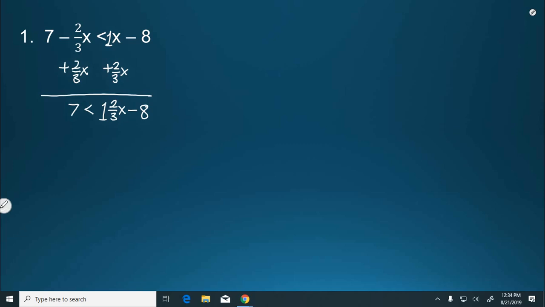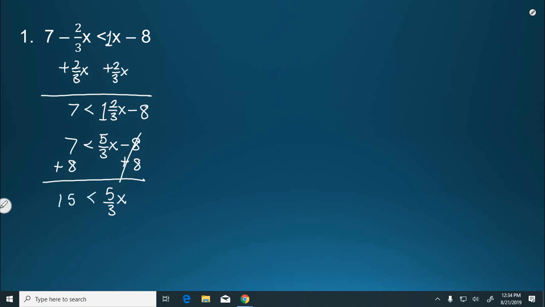So I want to rewrite that because I prefer to have improper fractions instead of mixed numbers. 7 is now less than 3 times 1 is 3 plus 2 is 5, so it's 5/3 x minus 8. Add 8 to both sides. So we have 5/3 x and 15 with that less than symbol in the middle.